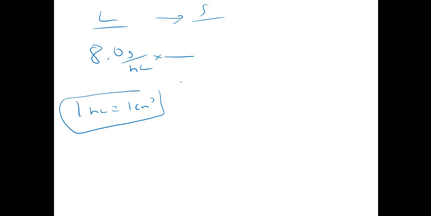You don't have to worry about breaking up the centimeters into centimeters times centimeters times centimeters. This one's pretty easy to do. 1 mil, 1 centimeter cubed, and then that would give you 8.0 grams per centimeter cubed. Notice it's the same answer.